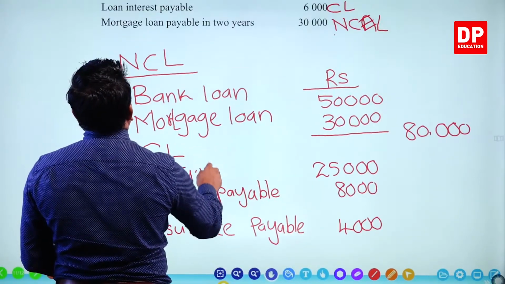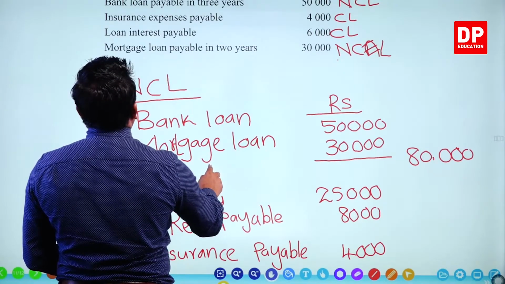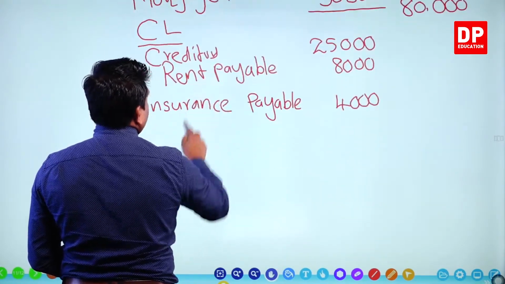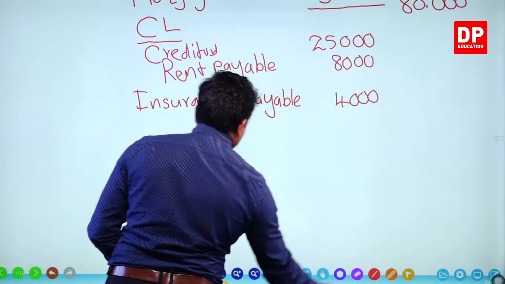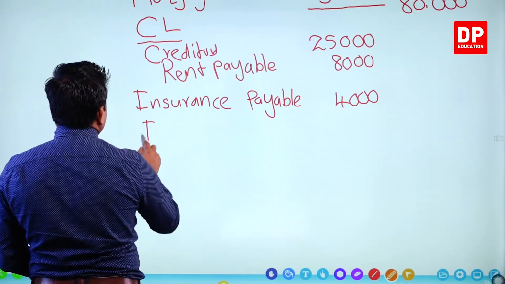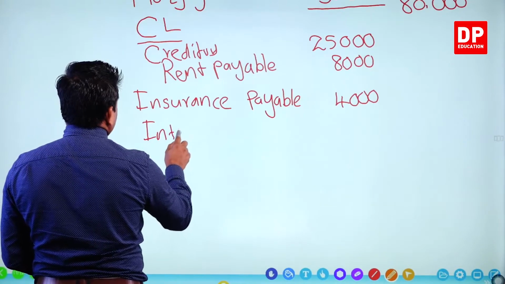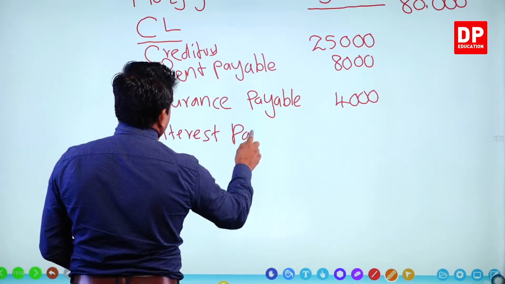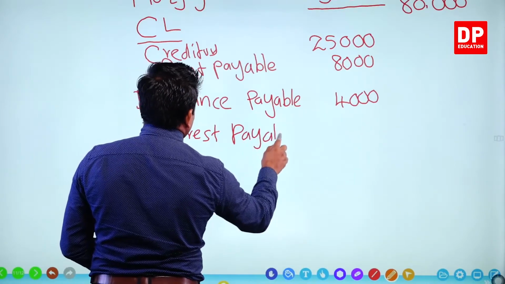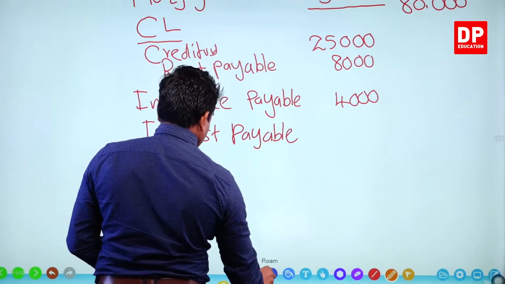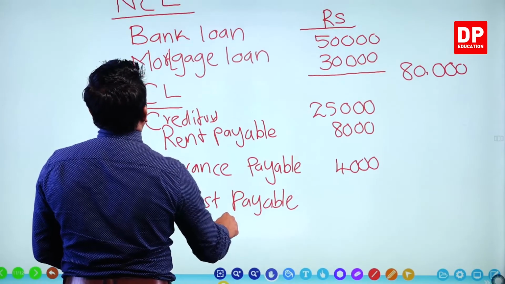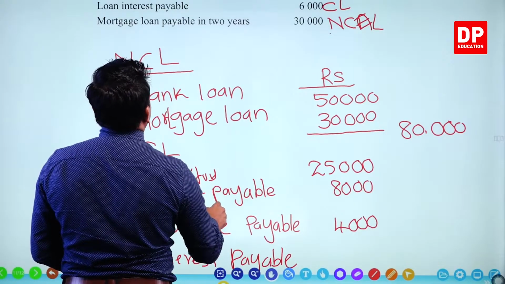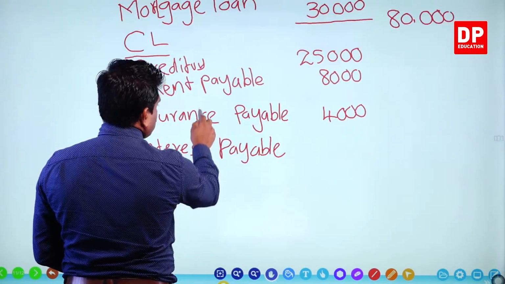Next one. Loan interest payable 6,000. Interest payable, 6,000. Not the 4,000, it is 6,000.